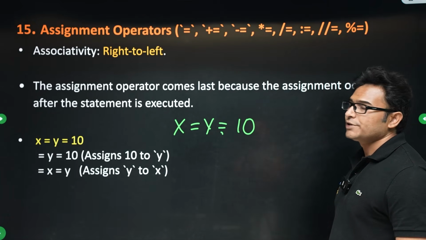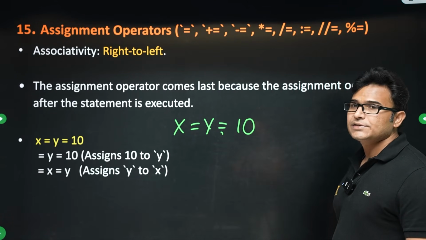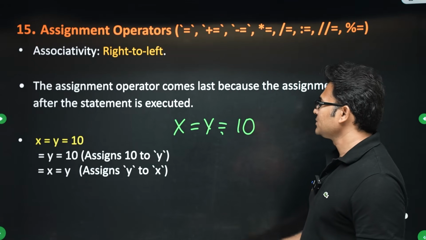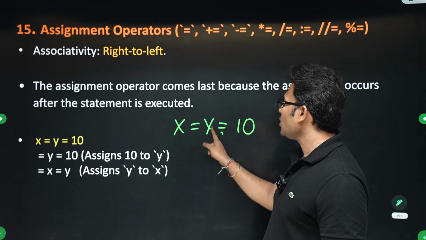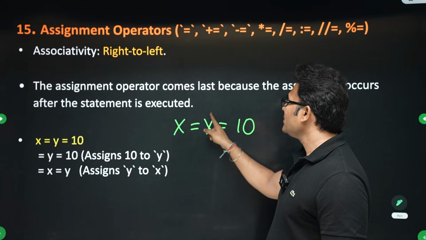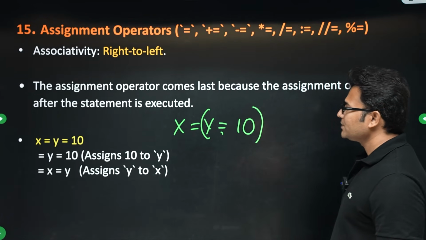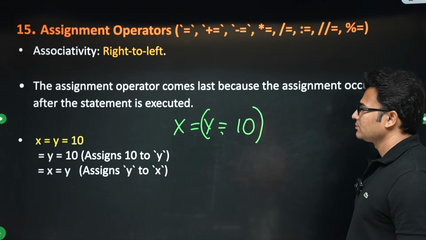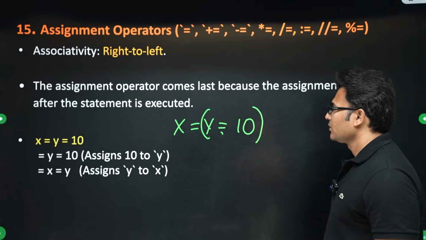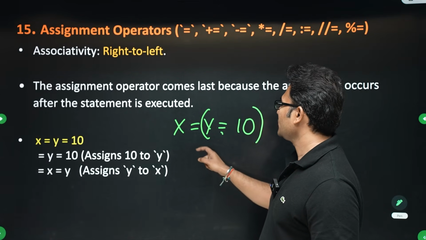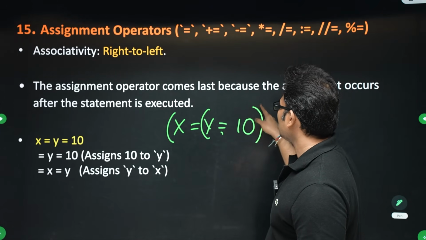This will be right associative. So associativity is right associative, which means when y has equal on both the sides, y will be assigned to the right side. Y equal to 10, right? And then like this.